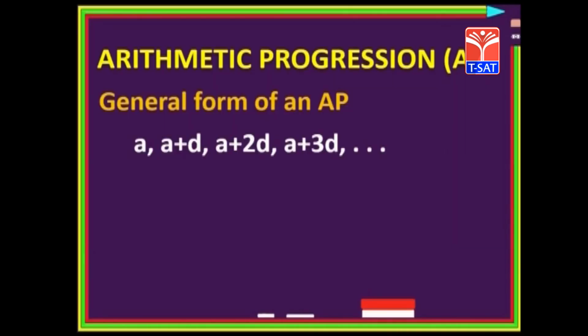That means if we have 1, 2, 3, 4 up to 100, that is called a finite AP. If we have an infinite number of terms, that means the natural number set, it comes under infinite AP: 1, 2, 3, 4, and so on, right. So, this is the general form a, a plus d, a plus 2d, a plus 3d, and so on.